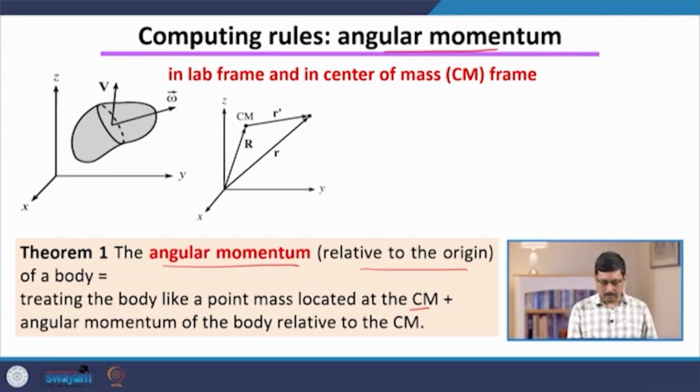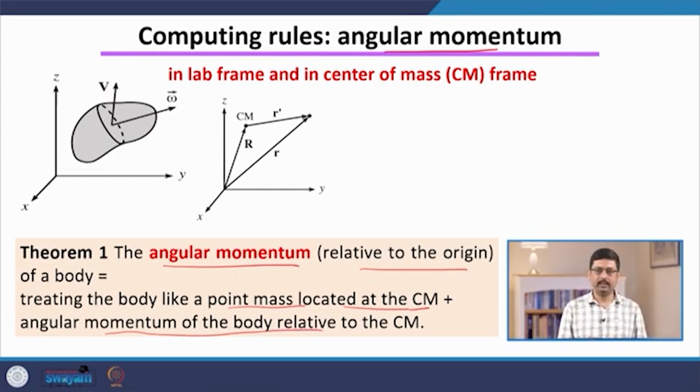So, treat the body like a point mass located at the center of mass, and that may have some motion, maybe translational motion, that can generate some angular momentum about our origin of the lab frame, plus the angular momentum of the body relative to the center of mass.